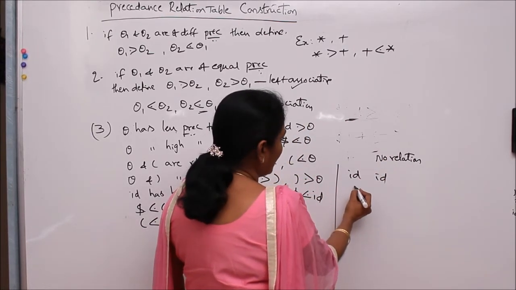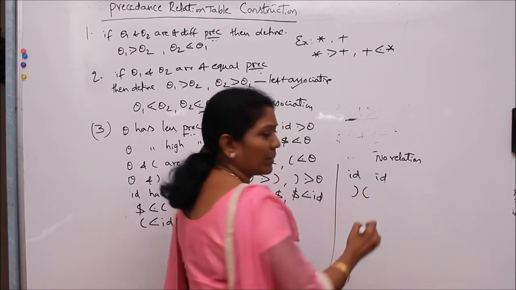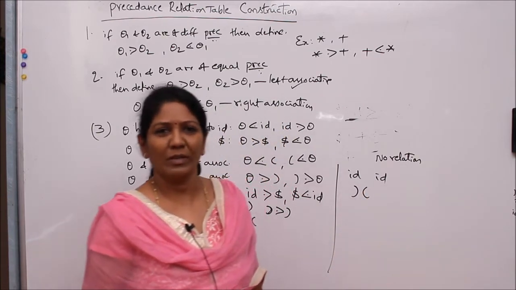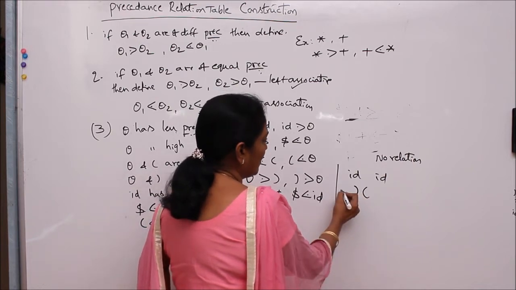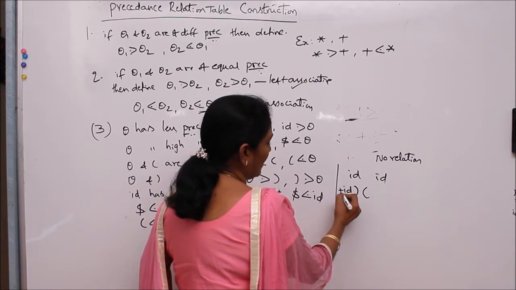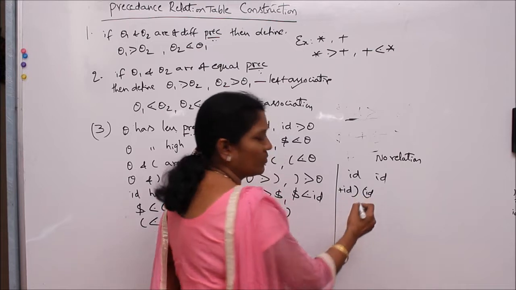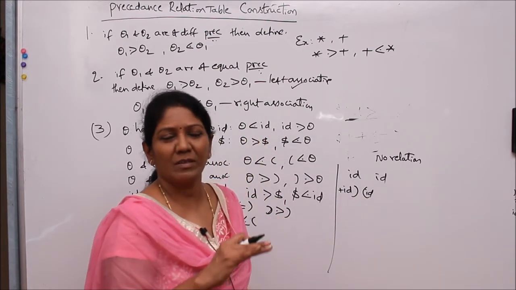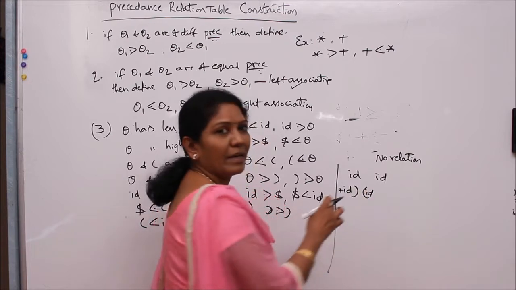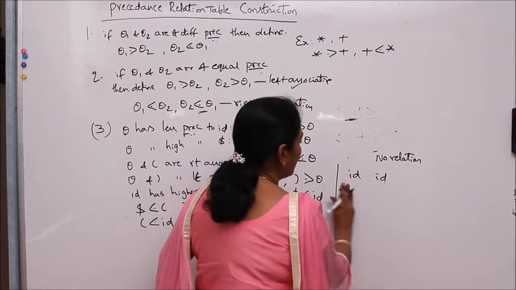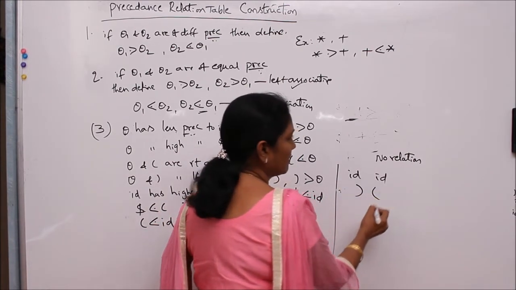Similarly, if you take right parenthesis and left parenthesis, that also never happens, isn't it? When it is ending with some expression, between these two there should be some operator. You will never have only a right parenthesis followed by a left parenthesis. That's why there is no relation between this and this.